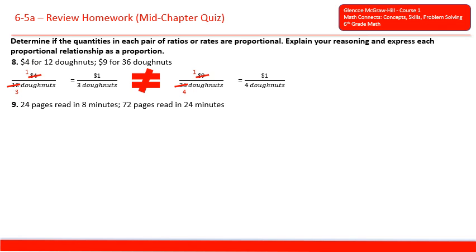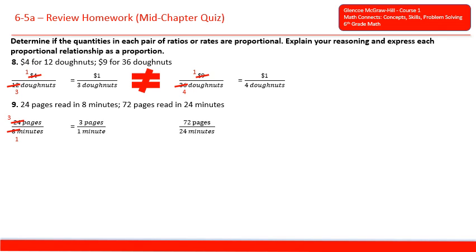Number 9, 24 pages read in 8 minutes or 72 pages read in 24 minutes. So if we set up 24 pages in 8 minutes, we want to get this down to a unit rate of 1 minute. So 8 is the greatest common factor of 8 and 24. So we can simplify and we will get 3 pages per minute.